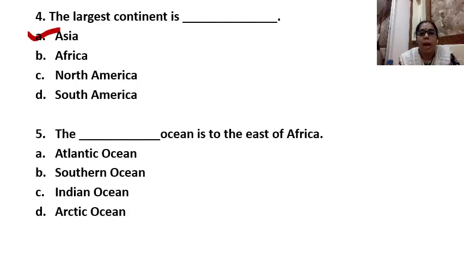You have to recall the map. Which ocean is to the east of Africa? Indian Ocean. The Indian Ocean is to the east of Africa. So you have to click on option C. Followed, children? Don't be in a hurry. Do it slowly and correctly.